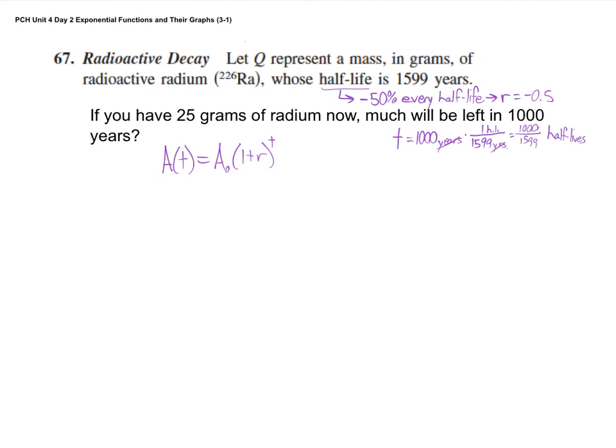Okay, again, now I've converted my rate and my time to be in the same unit of measure. So notice I have 25 grams to start with. I have 1 minus 0.5, and then that is to the 1,000 divided by 1,599 power. Now, in the past, you may have learned a formula.